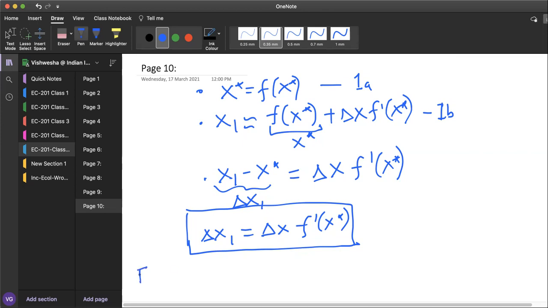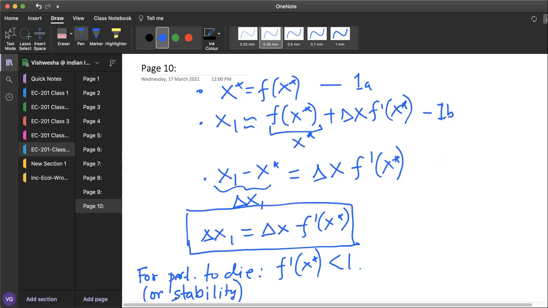So for perturbations to die, the multiplicative factor f prime of x star must be less than 1. Okay, so which basically leads us to the condition of stability. Any questions on how we arrived at the condition for stability?